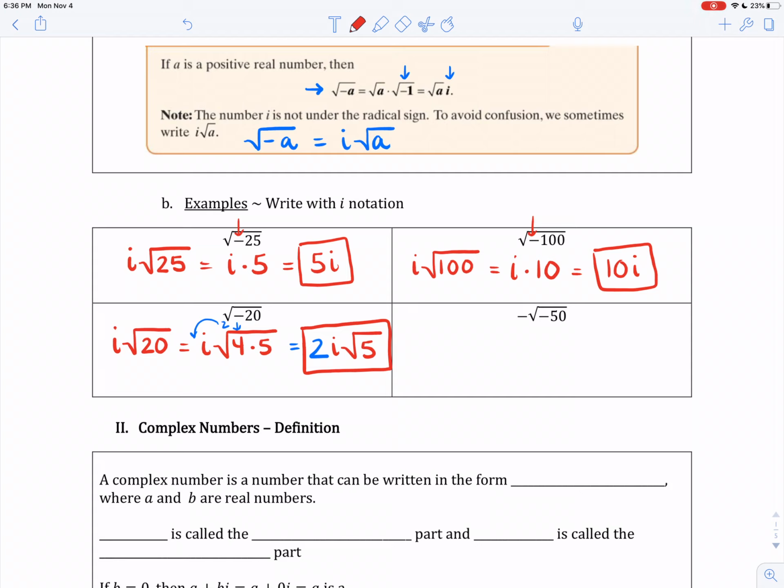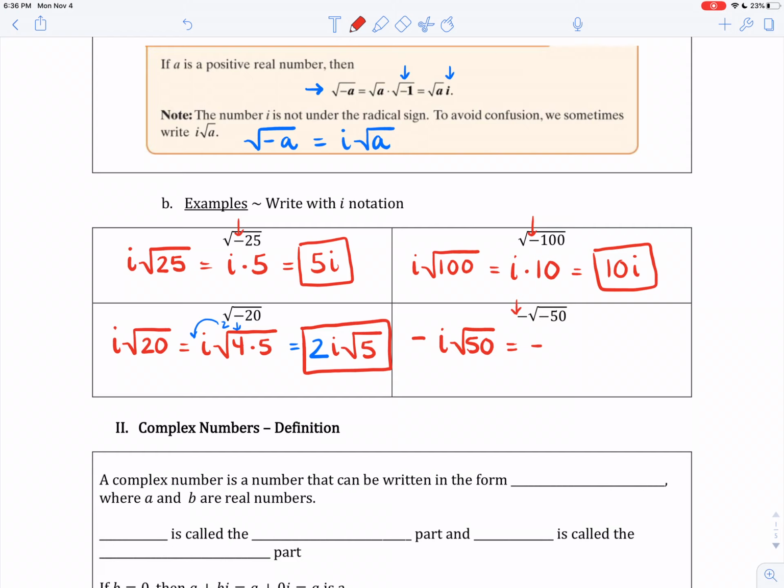All right, and then lastly, make sure you note this only applies to a negative underneath the square root. So if there's a negative out in front, like what you're seeing here, then remember that just tells you they want the negative square root, which means that negative just tags along out in front. So the negative square root of -50 would be written as negative i times the square root of 50. 50 is not a perfect square.